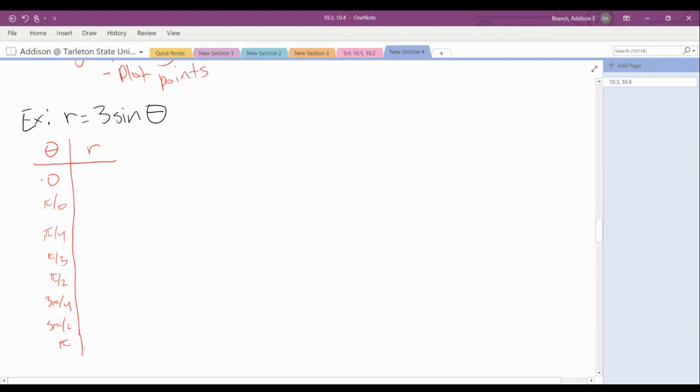Then we know that sine of 0 is 0, so therefore our radius is going to be 0. At pi over 6, sine of pi over 6 is 1/2, so we get 3/2. At pi over 4, we'd get 3 times square root of 2 over 2.